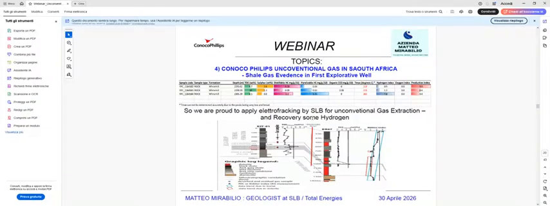but it is a complex mix in this case, because we have the real surprise that it is not only unconventional gas, shale gas, but as you can see we also have a good index in the deepest part of the Whitehill Formation.